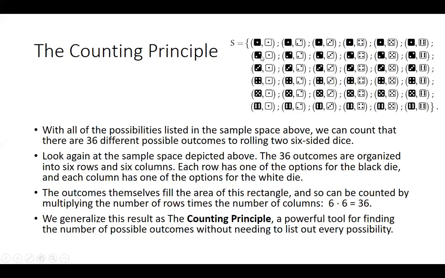With all of the possibilities listed in the sample space above, we can count that there are 1, 2, 3, 4, 5, 6 by 1, 2, 3, 4, 5, 6. So 6 times 6, 36 possible outcomes here.